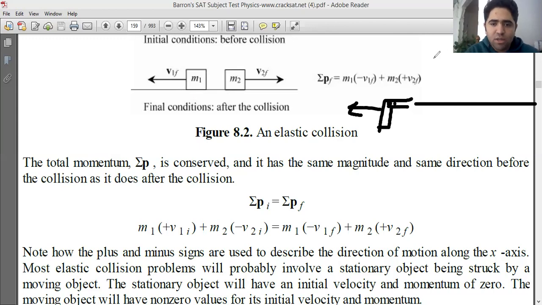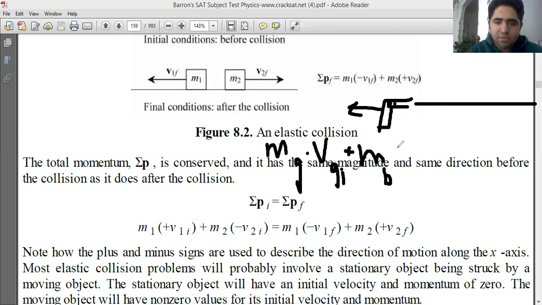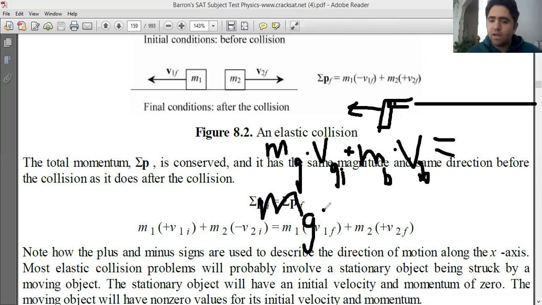Okay, and so let me write this again. I don't care about the time. The mass of the gun times the velocity of the gun before the collision, plus the mass of the bullet times the velocity of the bullet before moving. Okay. After the collision equals the mass of the gun times the velocity of the gun after the collision.